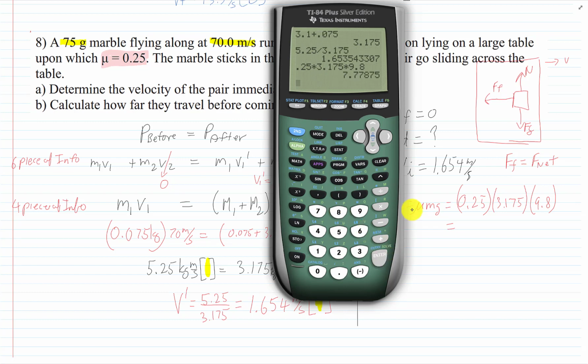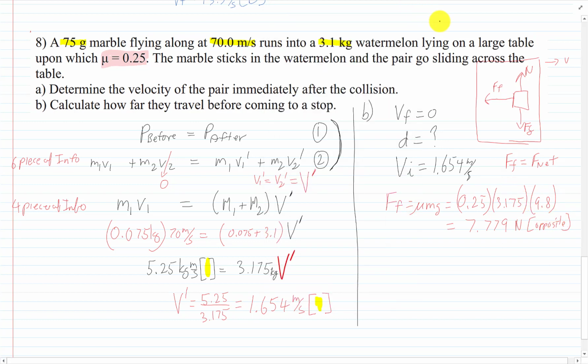We're going to get a frictional force of 7.779 newtons, and that's in the opposite direction. And that's going to be equal to the net force.